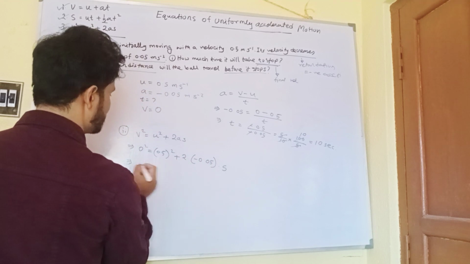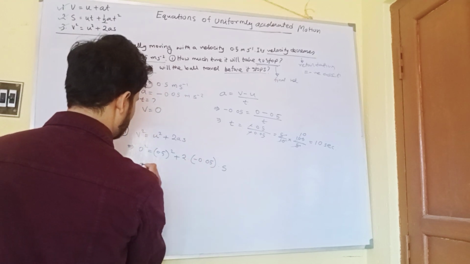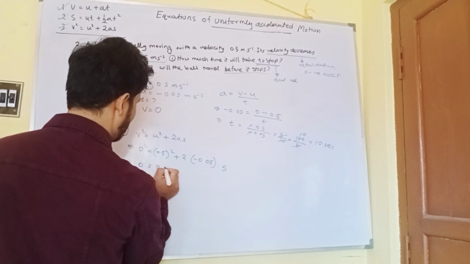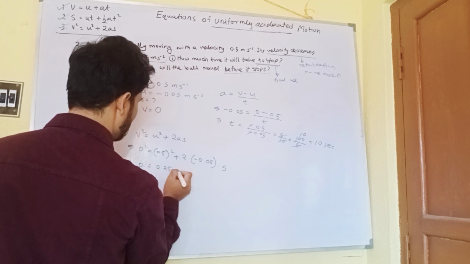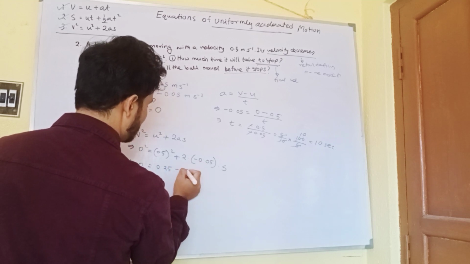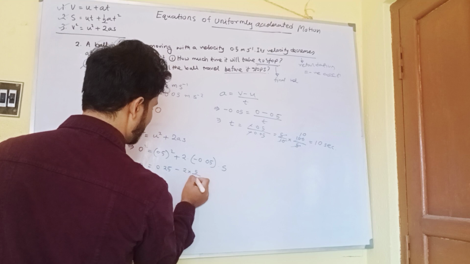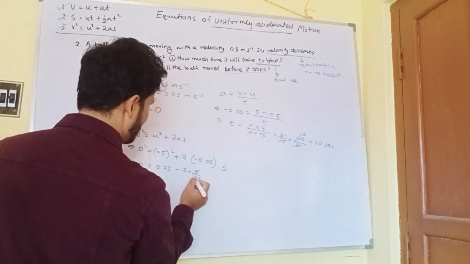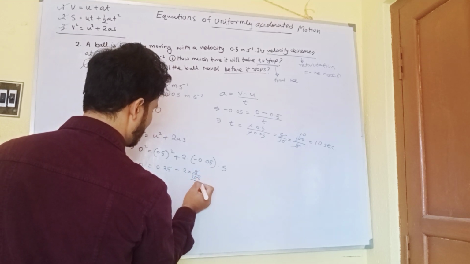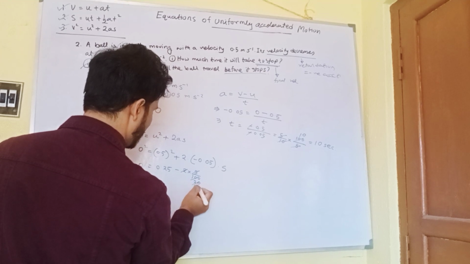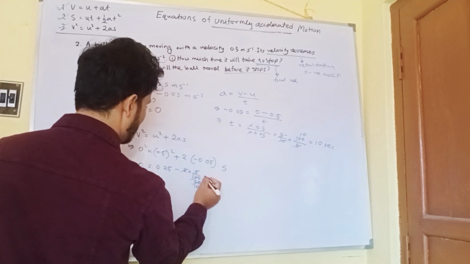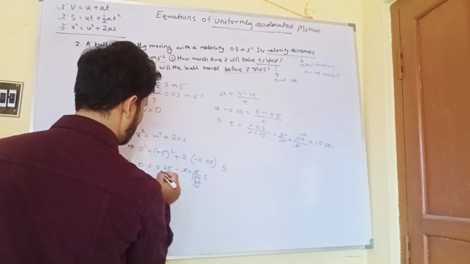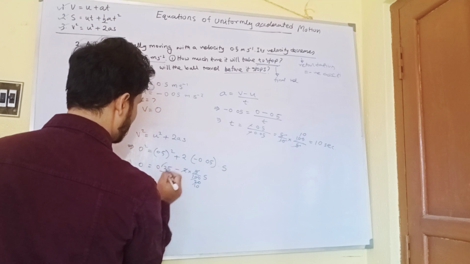Now calculate this. 0 equals 0.25 minus 2 into 5 by 100 into s. So 1 by 10 s is equal to 0.25.